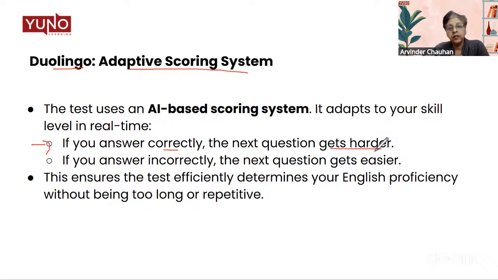If you have given a correct answer, the next question is going to be a little more difficult. And if you answer incorrectly, the next question will be a little easier, because the AI is going to feel that this person is having difficulty. But then again, you get a lower score over here. So what does this ensure? That the test efficiently determines your English proficiency without being too long or repetitive.